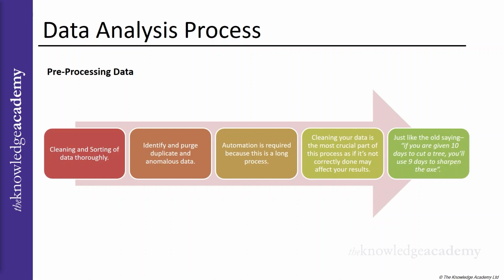The first objective, again, I'm saying, is the most important one. So keeping in mind the first objective that you have laid down, you have to do pre-processing before that analysis. And this is actually a very long process. You might require automation for cleaning this, but yet every automation might not work for every data out there.